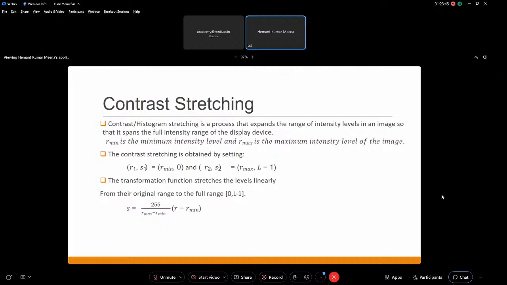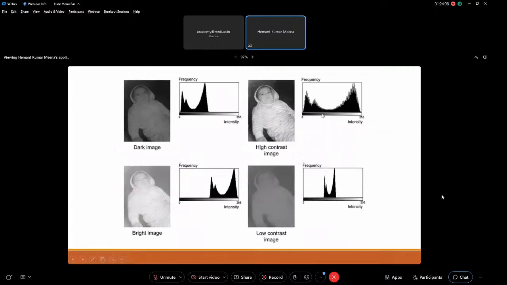You have already seen that when the range is more widespread, the image is far better in appearance, in conveying the information. So that's why, in place of histogram processing, we are saying histogram stretching. If you see this last diagram also, here also somebody has stretched the histogram.